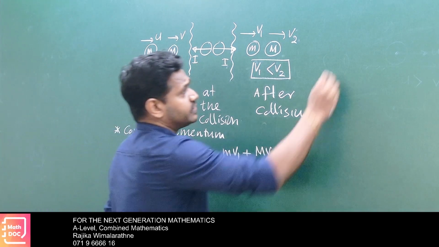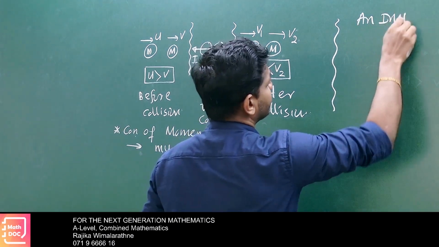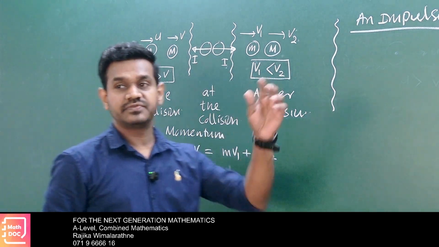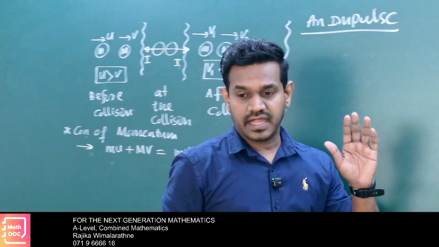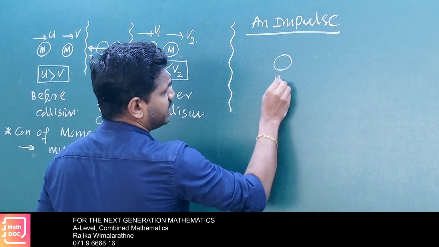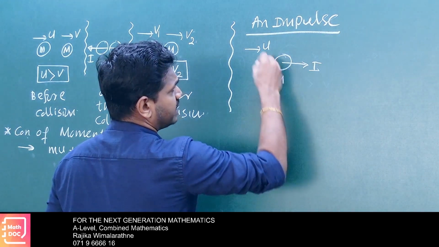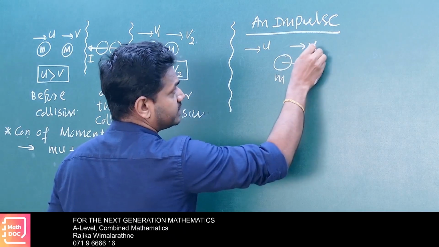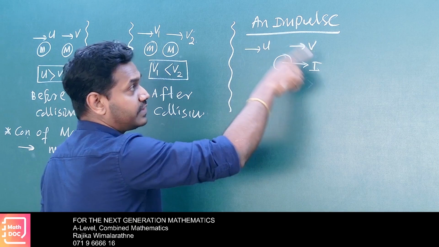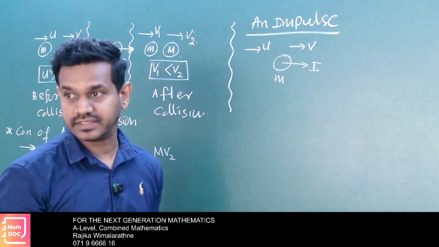Then further you consider an impulse. Impulse means a very large force in a small time. So you consider this mass small m, which moves with velocity u. I'm going to give an impulse I, then due to that, velocity will change, say to v. Here u changes to v. To change that velocity u to v, we need an impulse. For that instant change, we need an impulse, not a force.